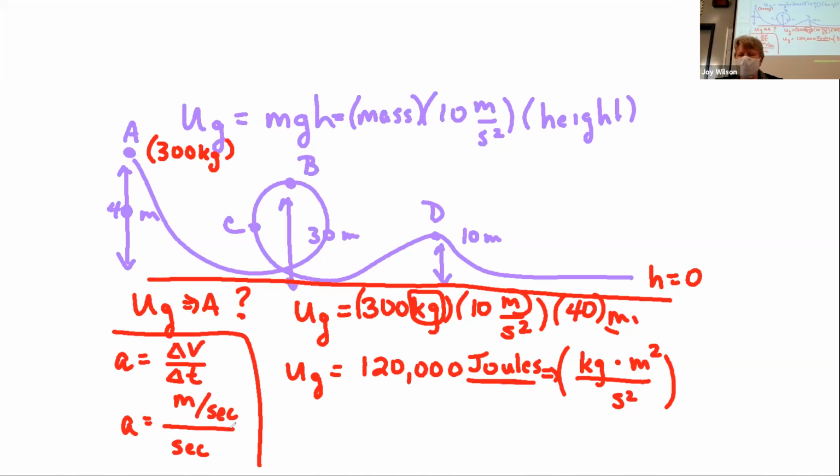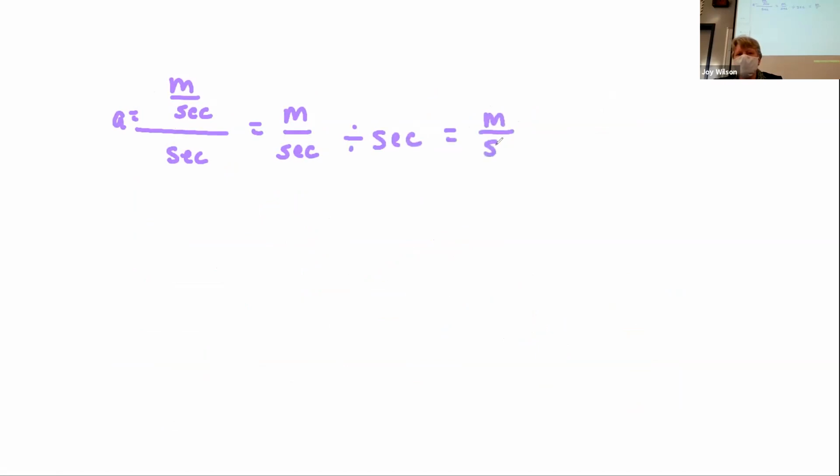Let me actually move to another slide for this. If I have meters per second over seconds, that is acceleration. If you'll recall, when you do division with fractions, you have to multiply by the reciprocal of the second fraction.